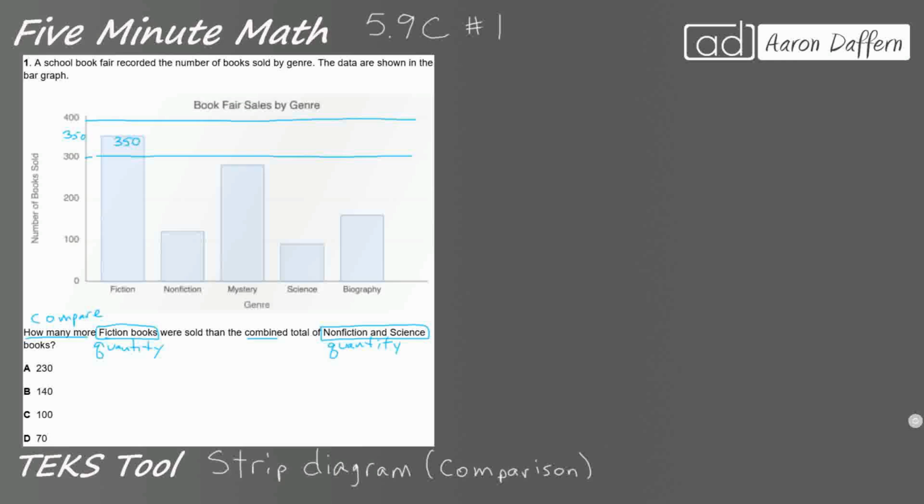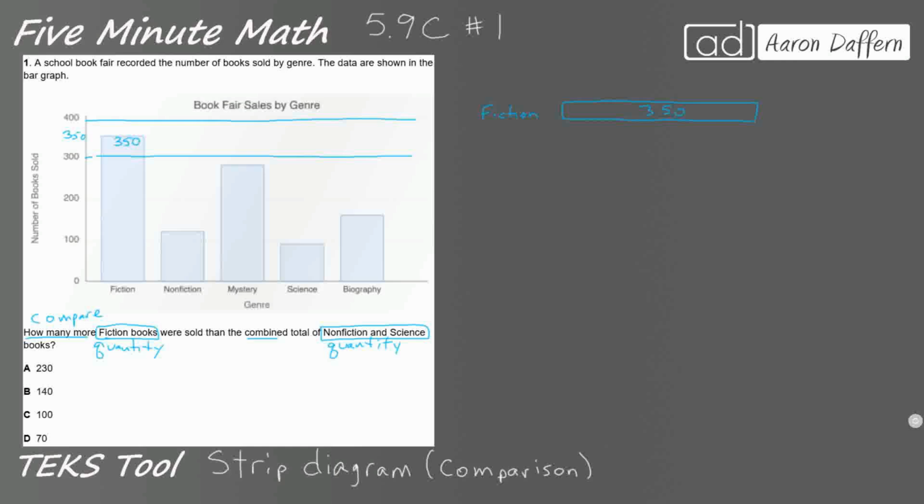And so how many more fiction books? Well, they already tell us that that's the largest bar. So right here, I'll put fiction, and this is going to be my strip diagram. When we do this, we draw these as two separate bars. There's your 350.